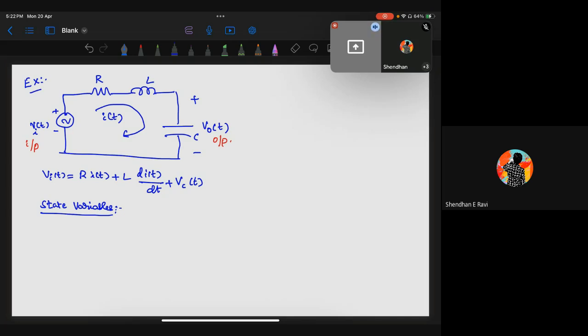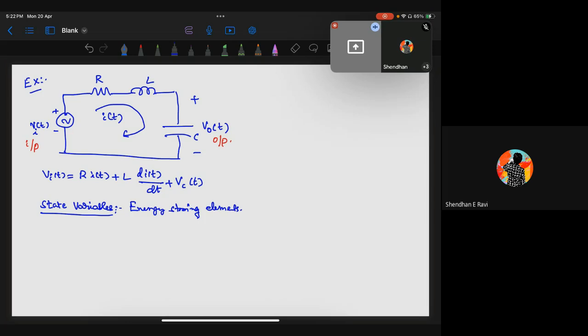In any general system, either electrical, mechanical, physical, social, there are energy storing elements. If you know the behavior of the energy storing elements, they explain the whole evolution of the system behavior.